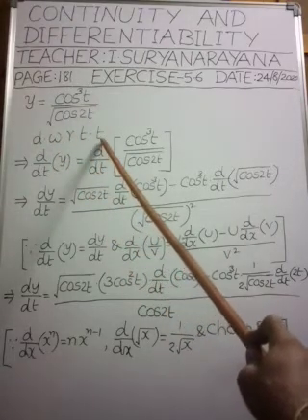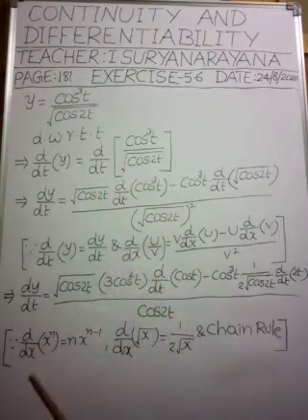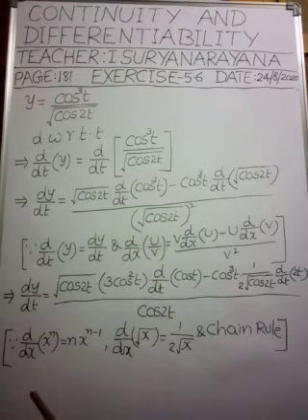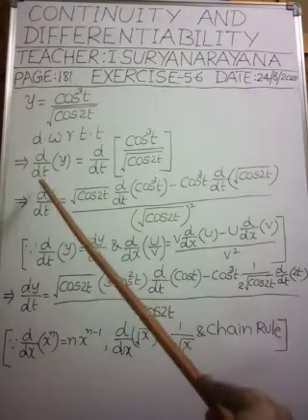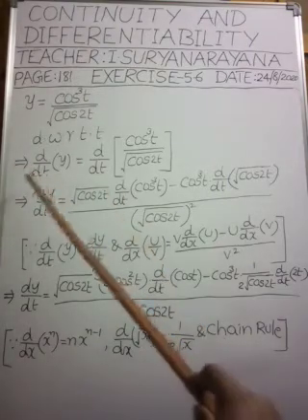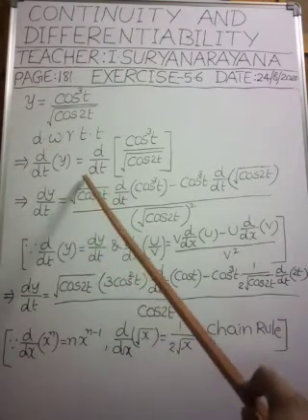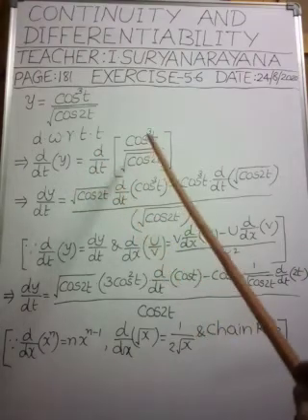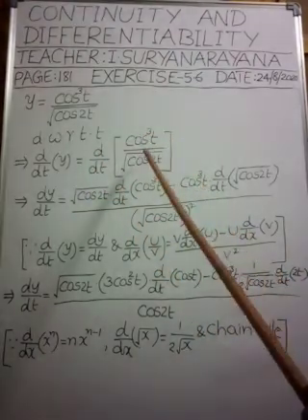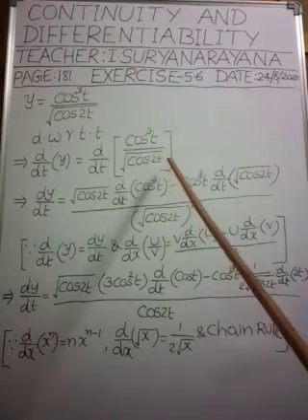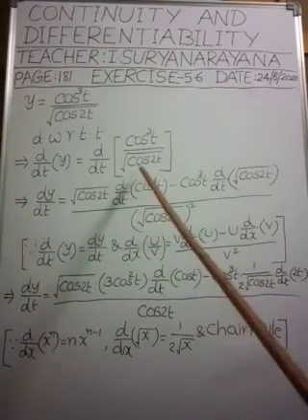Okay, my children? Right. Then what is the differential operator? d by dt. So I wrote the differential operator on both sides. d by dt of y is equal to d by dt of cos cube t by root cos 2t. Understood this step, my children?